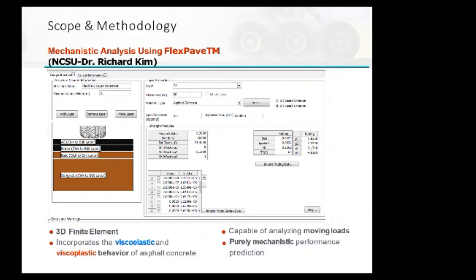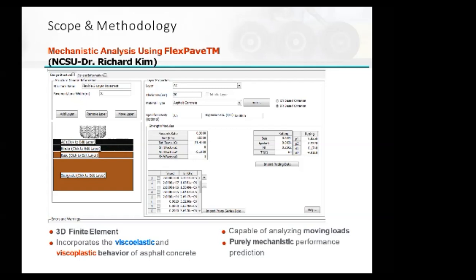and in your design. So for analyzing the pavement structures for these airfields, we chose to use FlexPAVE, which does mechanistic analysis, and that was developed at North Carolina State University by Dr. Richard Kim, who also helped with some of the material that I'm presenting today. FlexPAVE is a 3D finite element program.